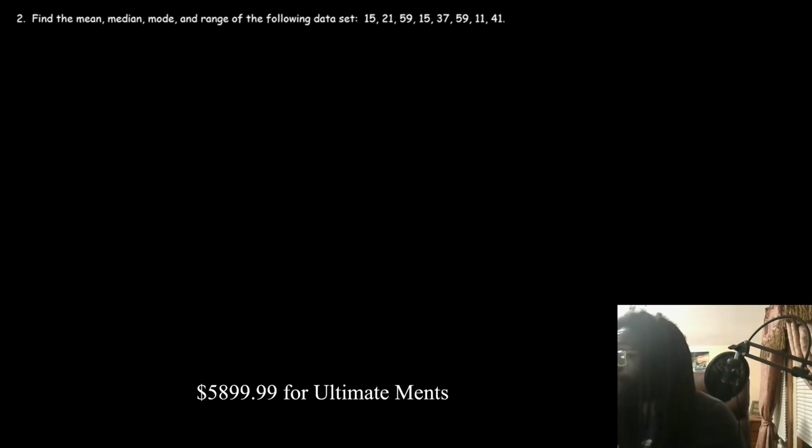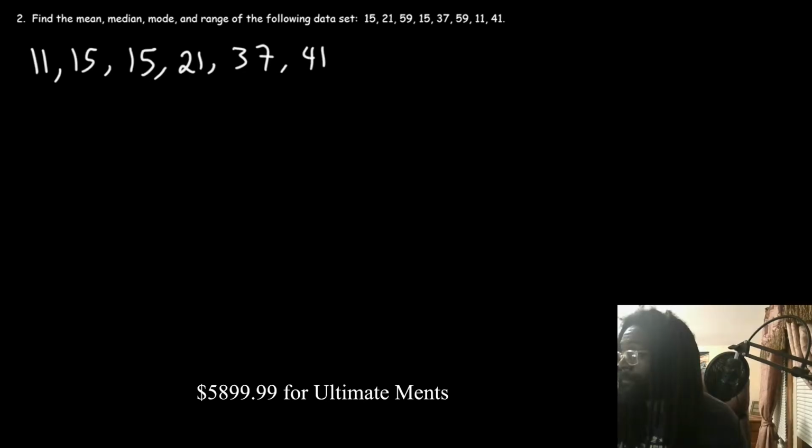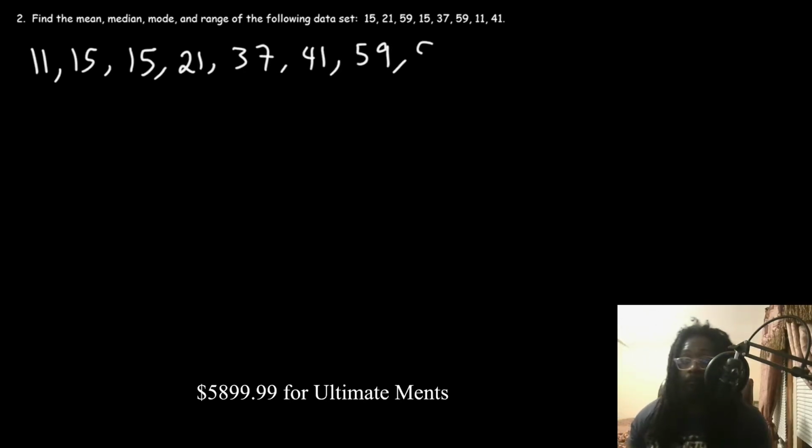As you can see, we have 8 numbers in our data set as opposed to the 7 that we had previously. So let's begin by putting these numbers in order. So the lowest number is 11, and the next number is 15, and then we have 21, and then 37, 41, and 59.